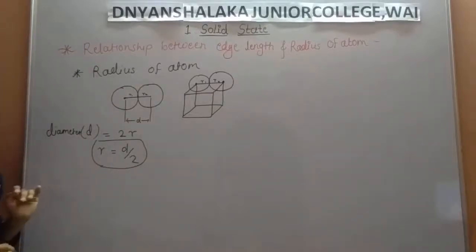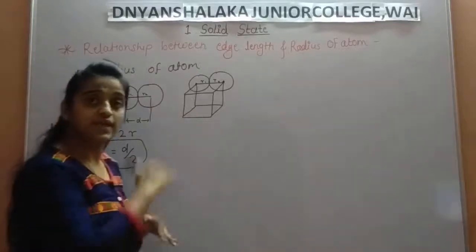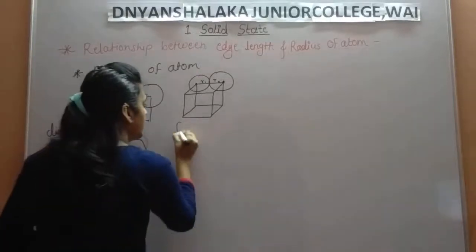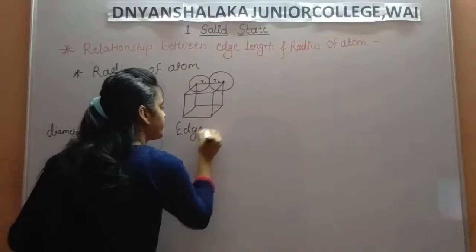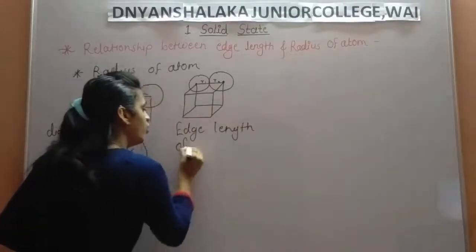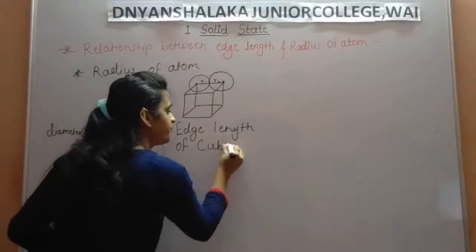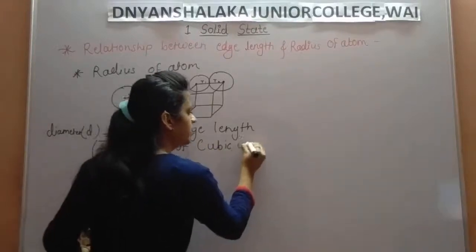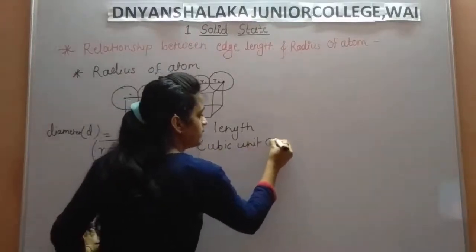Diameter is equal to 2R, and R, the radius, is equal to D upon 2. Now the edge length of the unit cell, for the cubic unit cell we discussed in the last lecture. Edge length of the simple cubic unit cell.